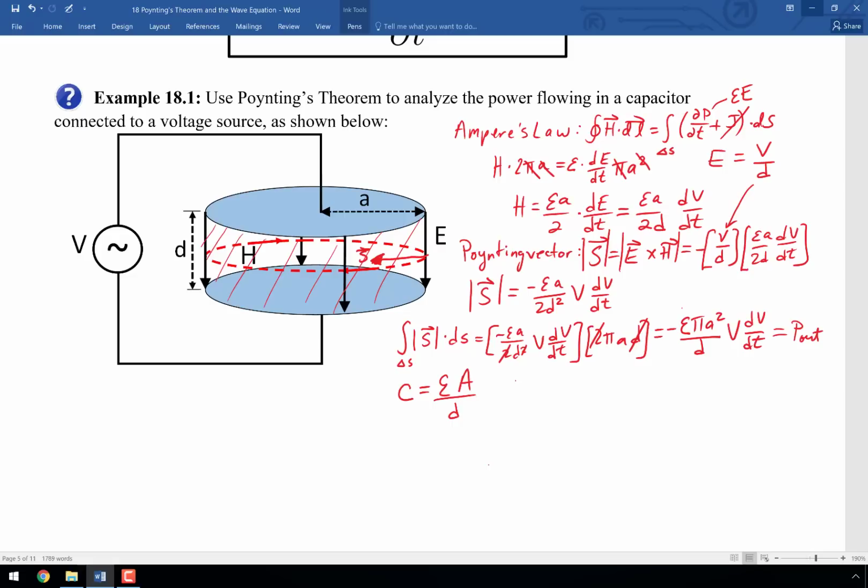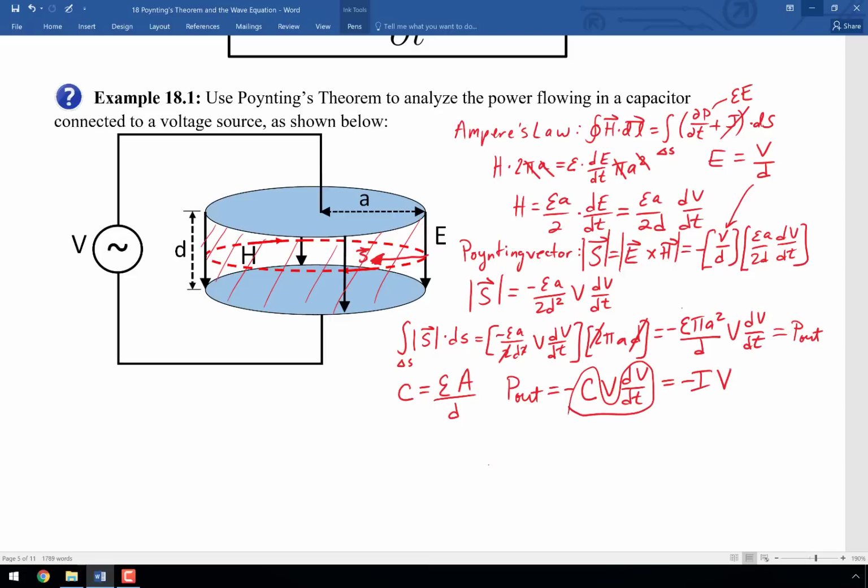So therefore, P out is negative CV dV dt. But remember what we know for a capacitor is that C dV dt is equal to the current. So this is minus I times V, which in fact we knew that already. We've seen this result before.